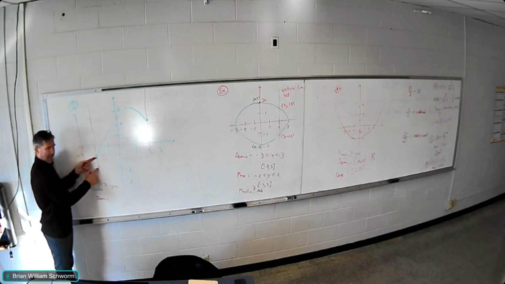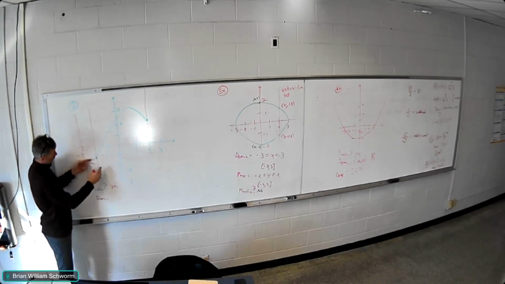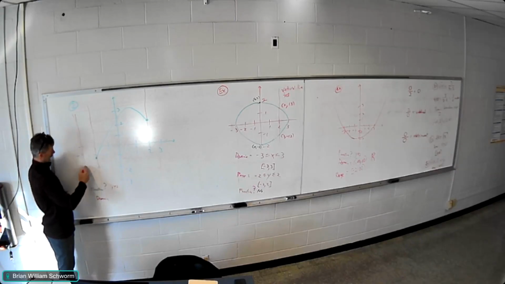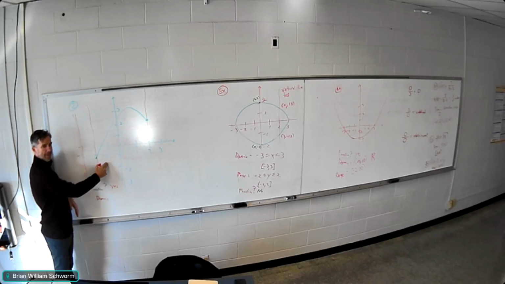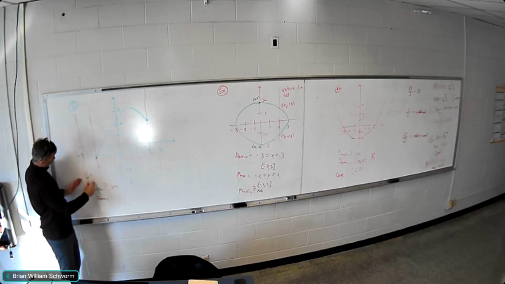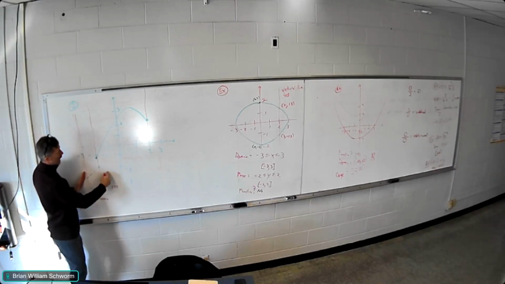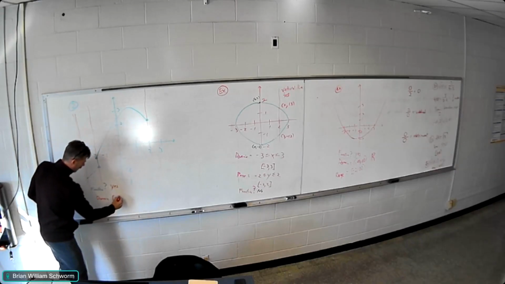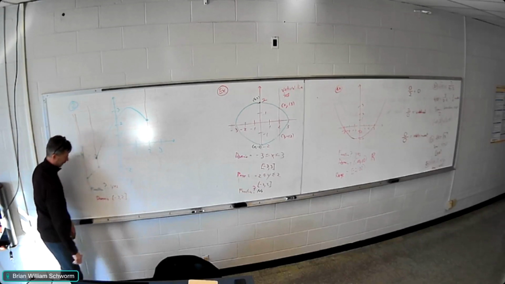The solid dot here hits exactly -2 and continues on. So even though there's this discontinuity, this jump here, in terms of x values, it doesn't miss it. So it uses everything from -3 to +2. The domain is -3 to +2.